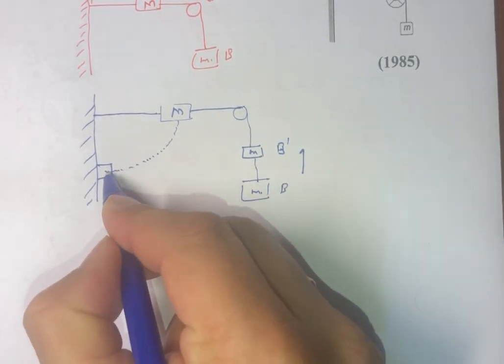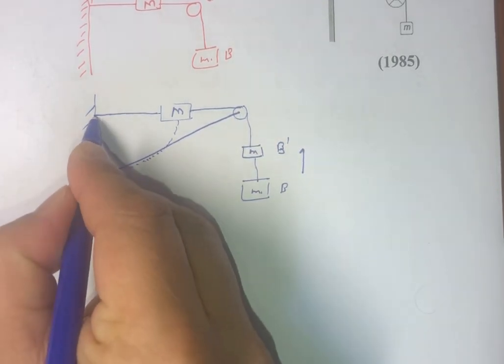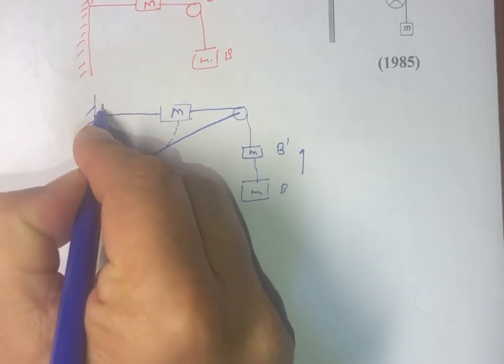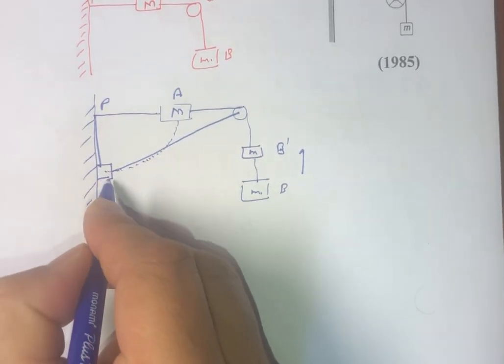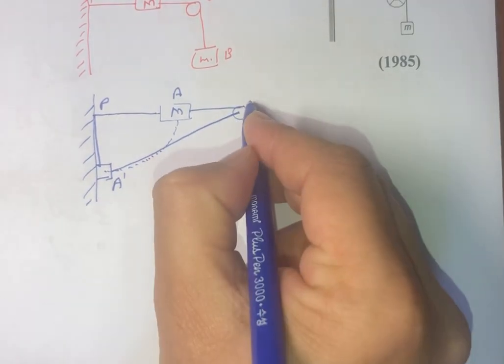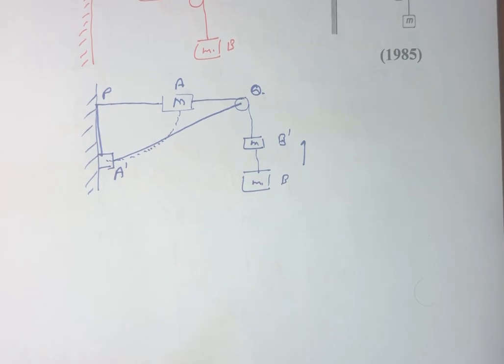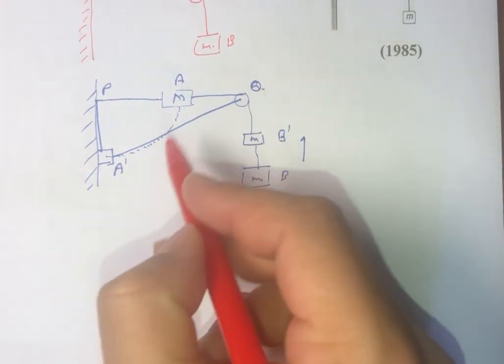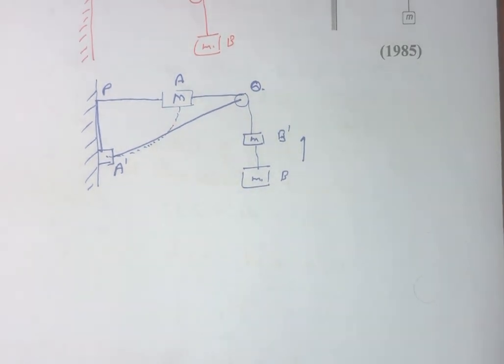This is point P, this is our A, this is the final position A prime, and this is Q. This is the basic motion of the small m as well as capital M.